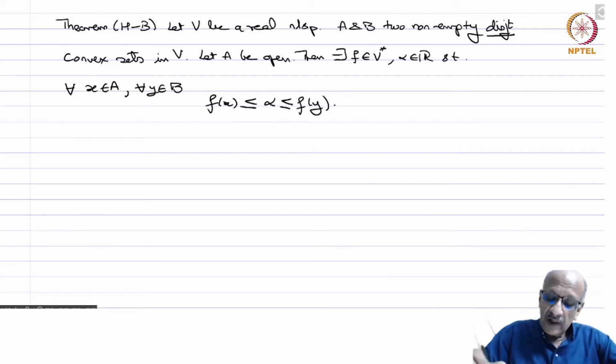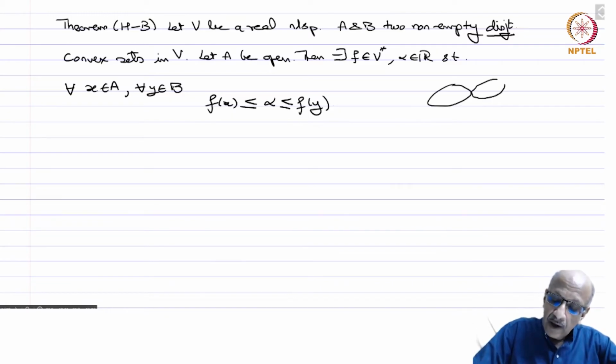So f equals alpha is a closed hyperplane and it separates the two convex sets. That is what we mean. We have two convex sets A and B, they are disjoint, and you can find a hyperplane f equal to alpha which separates the two. So this is A and this is B. Okay, so this is the kind of theorem which you are going to do.